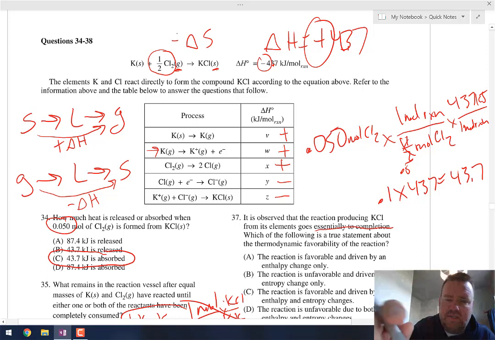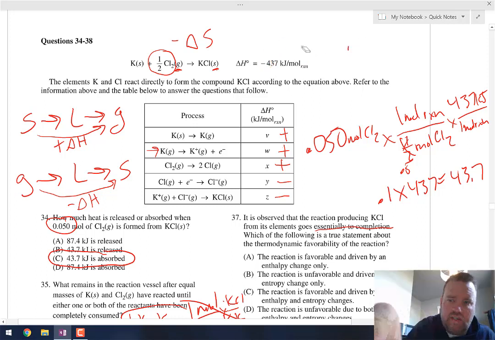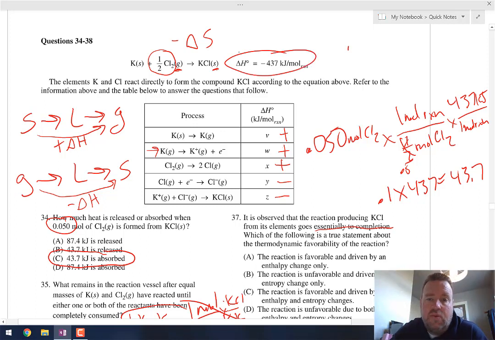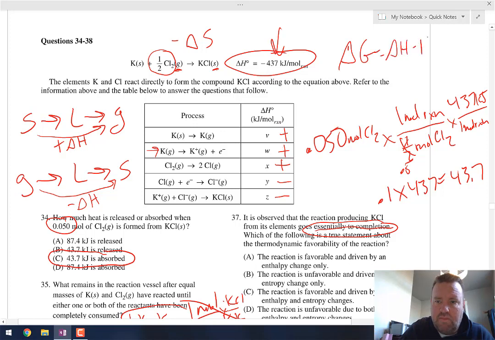But like we saw earlier, delta H is a negative value. So this is one of those cases where what's driving this reaction towards completion has to be the enthalpy part, because in terms of delta G equals delta H minus T delta S, delta H is negative, but with a negative delta S, this whole component here is positive.